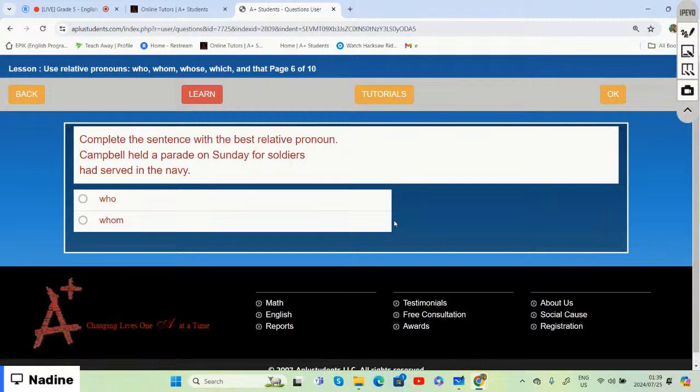The next one says Campbell held a parade on Sunday for soldiers. Do we say who had served in the Navy, or do we say whom had served in the Navy?